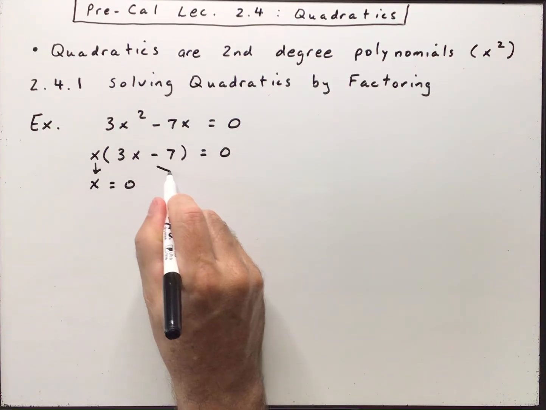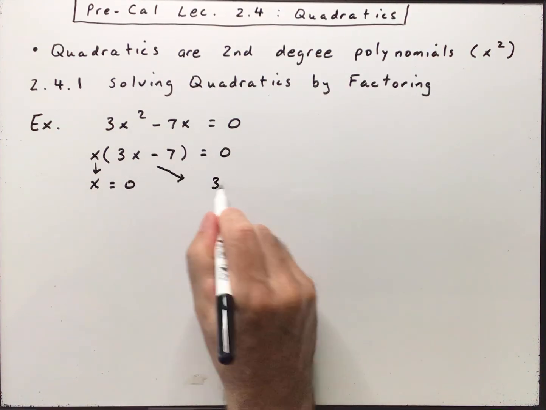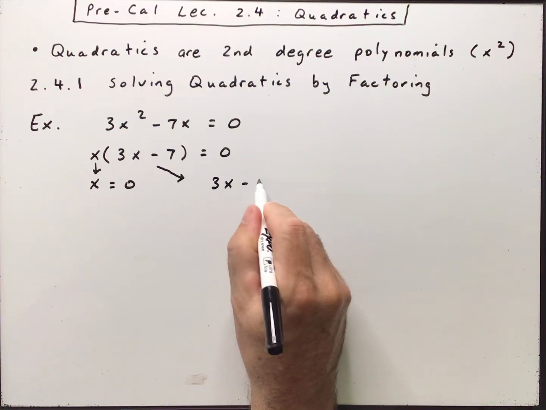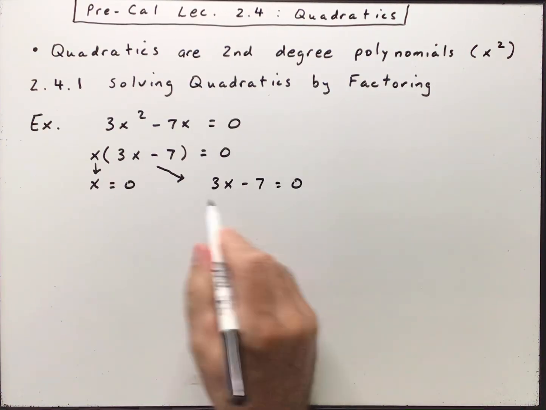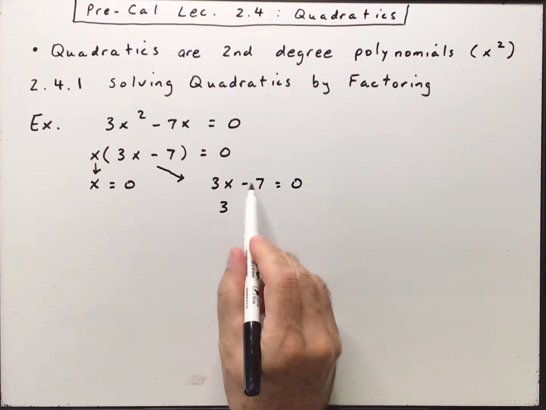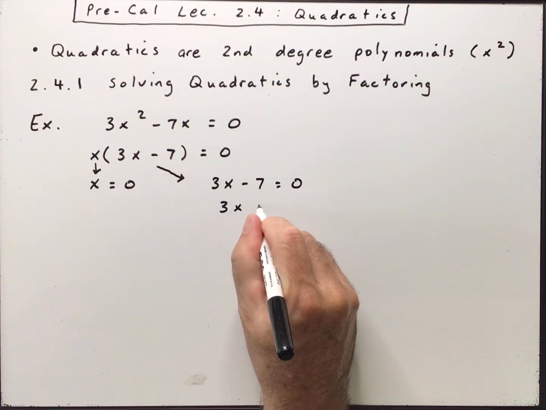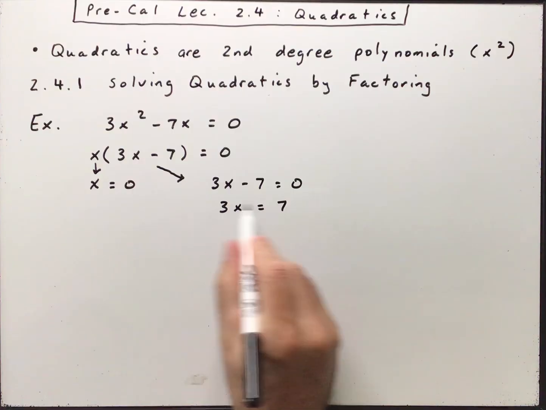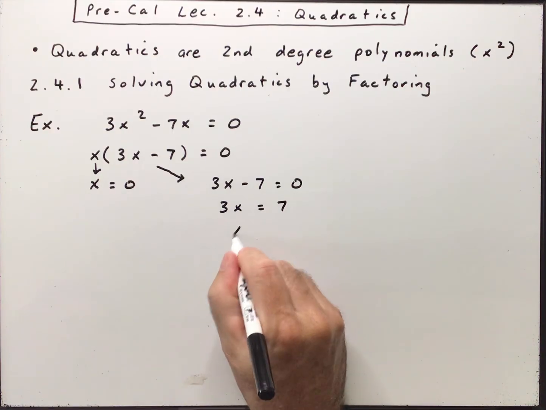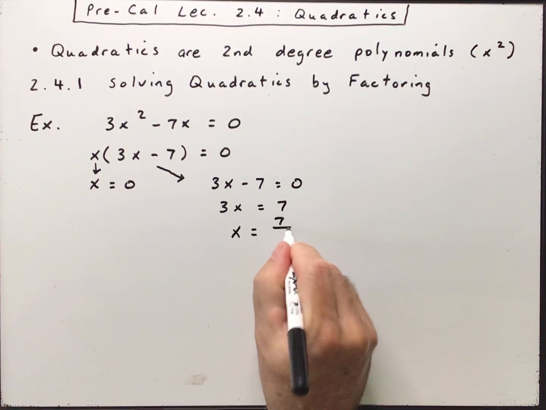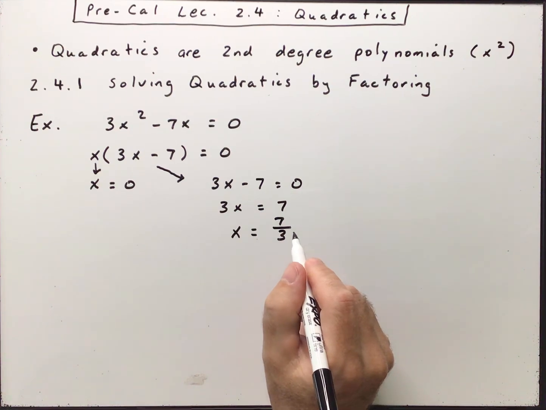And then we're going to set just the parenthesis by itself, 3x minus 7, equal to 0. Add 7 to both sides, so I think of it as pushing the 7 over to the right and making it positive. 3x is equal to 7. Divide both sides by 3, and x is equal to 7 thirds.